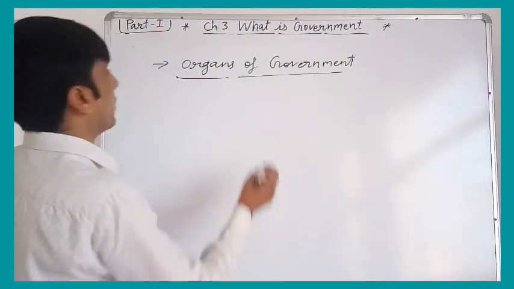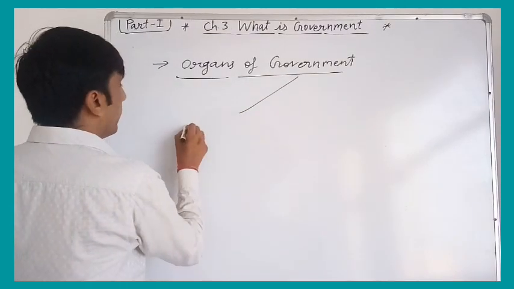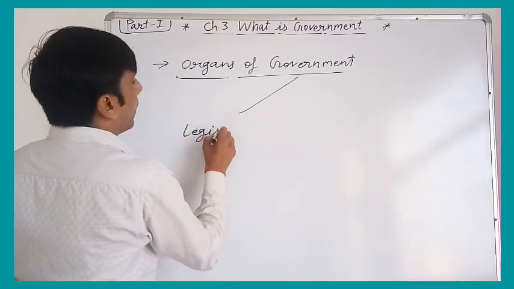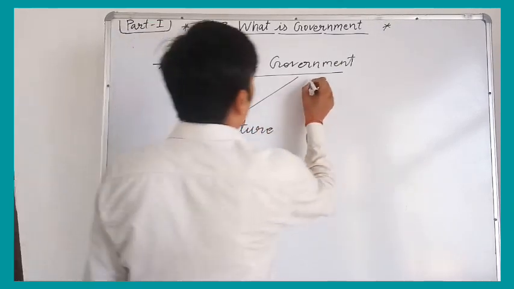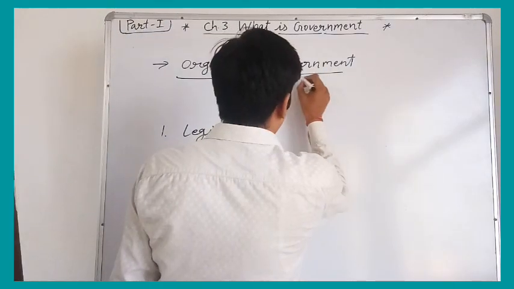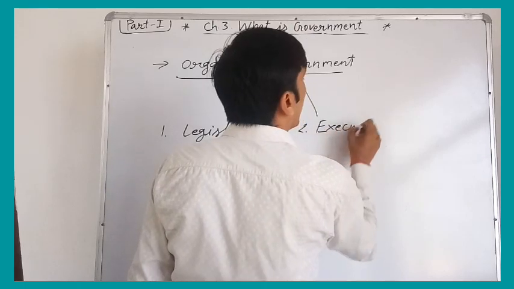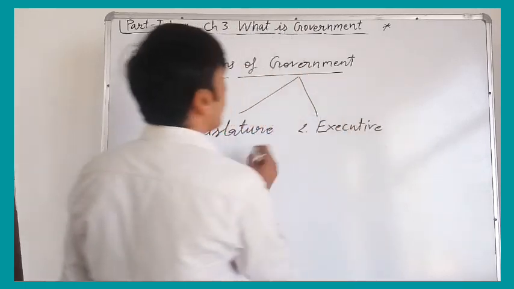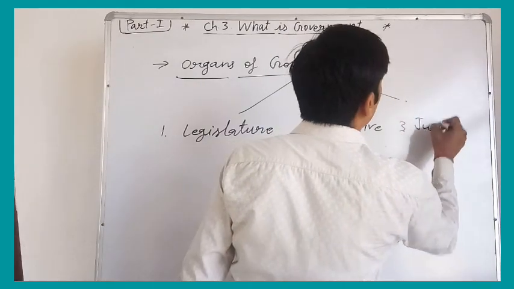So there are three organs of government. Number one, legislature. Number two, executive. And number three, judiciary.